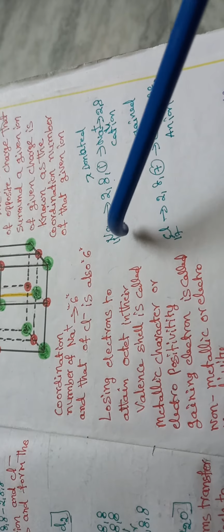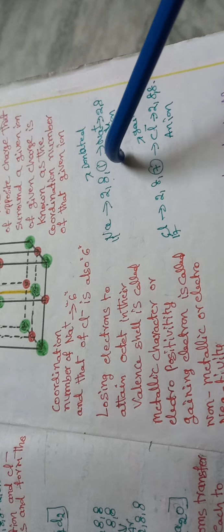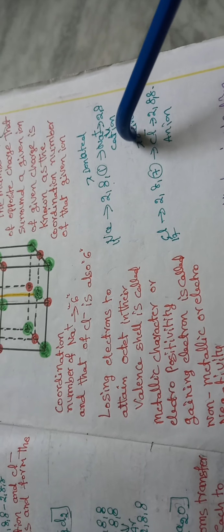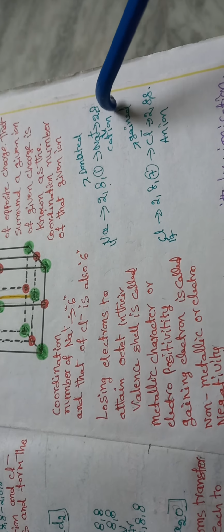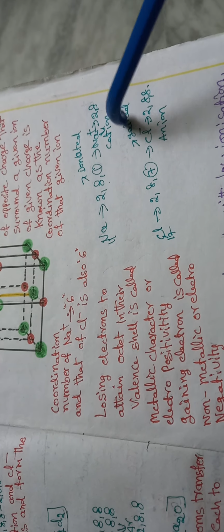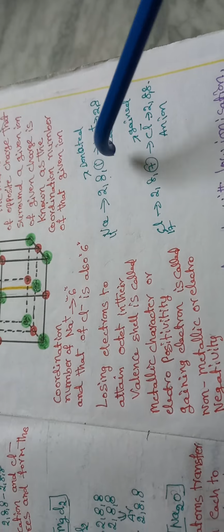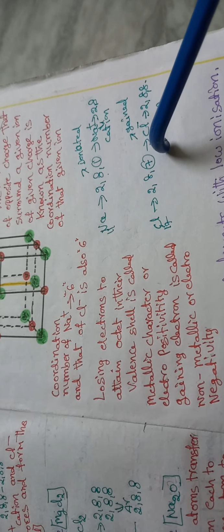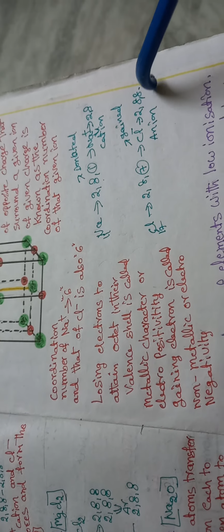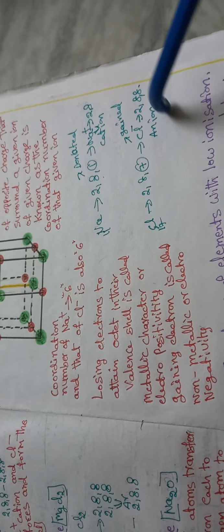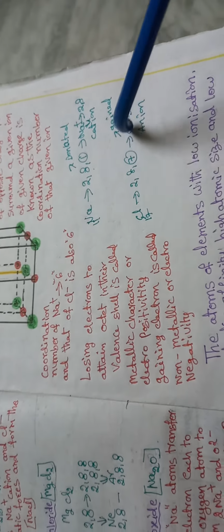For example, sodium 2,8,1 loses the 1 electron and forms 2,8, so it is called a cation. Chlorine 2,8,7 gained 1 electron and forms the electron configuration 2,8,8, so it is called an anion.